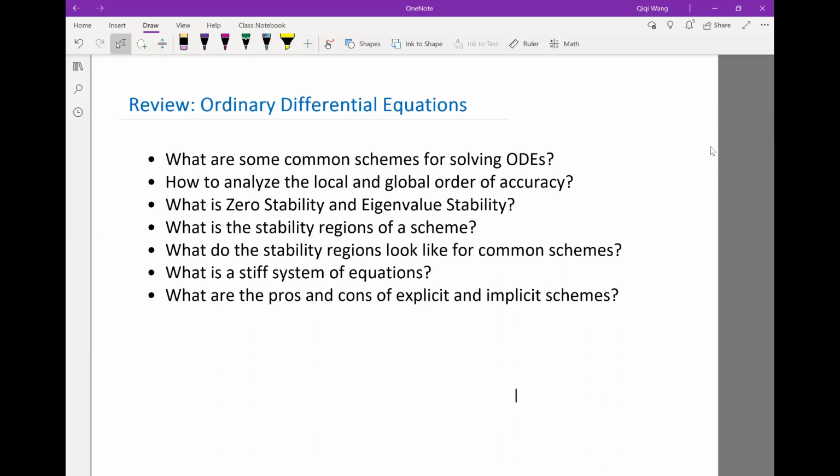And basically, what are their formulas? Given a name, you should be able to remember what the formula is for these very simple schemes. And for Runge-Kutta schemes, if you know Runge-Kutta 2, it's probably good enough.